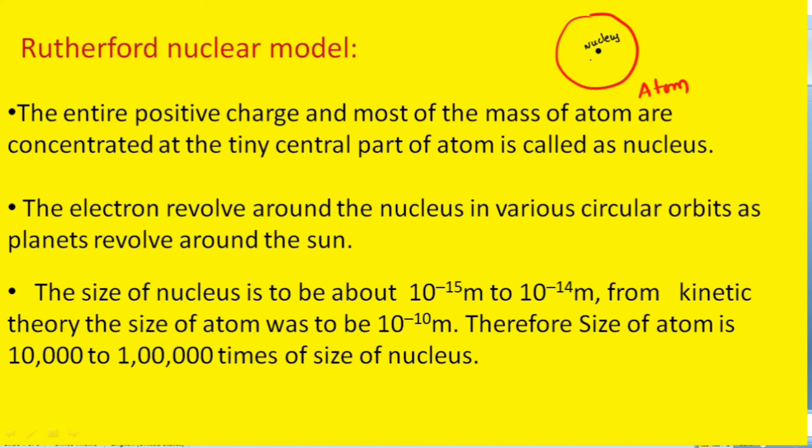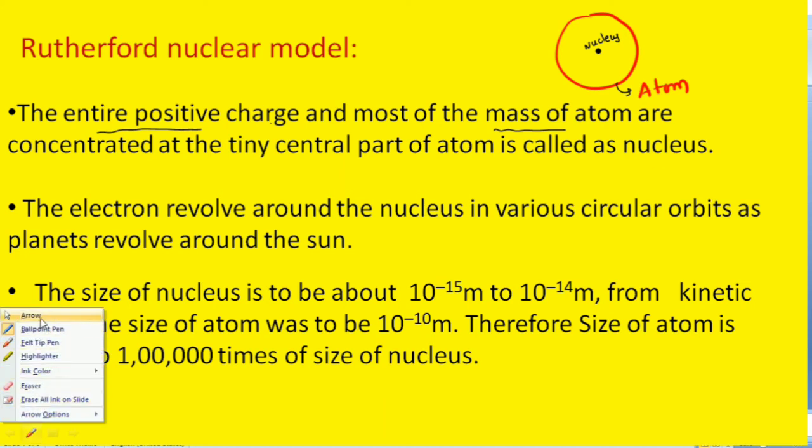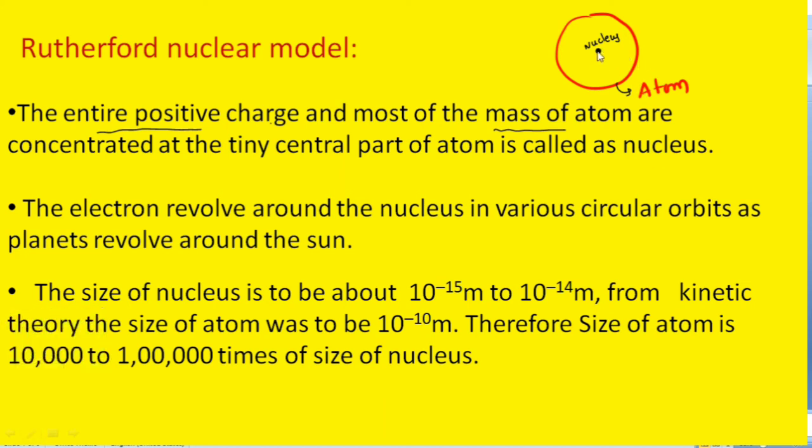What he said: the entire positive charge and the mass of the atom is concentrated at the tiny central part of the atom, the whole mass of the atom and the whole positive charge concentrated at the center.